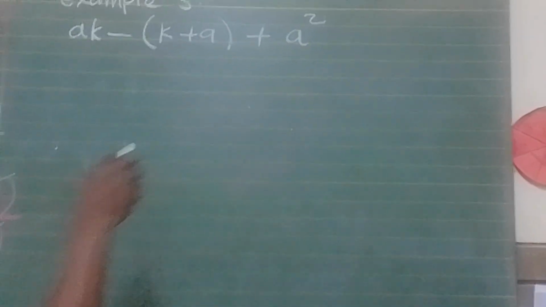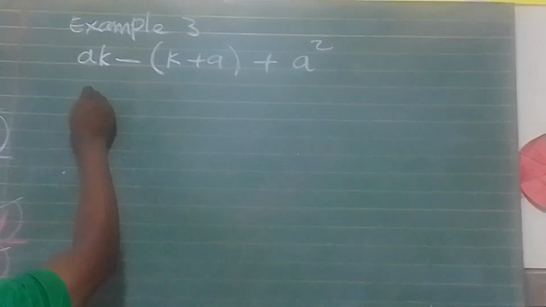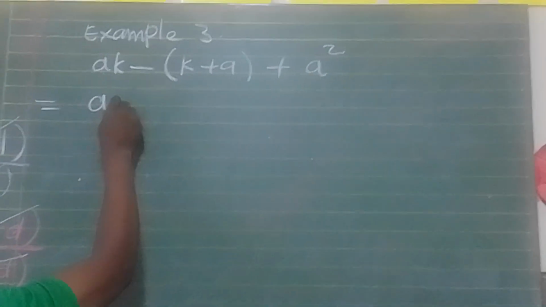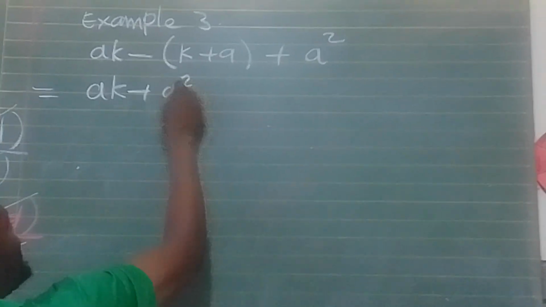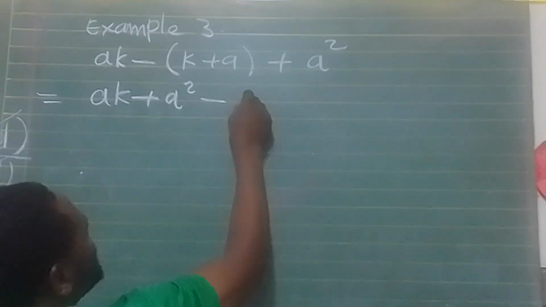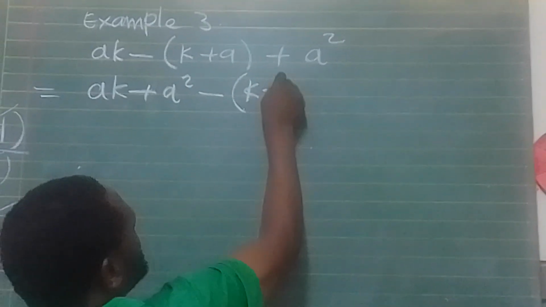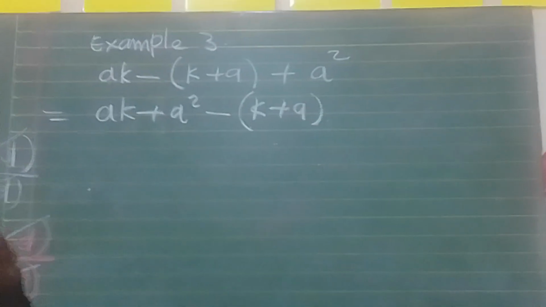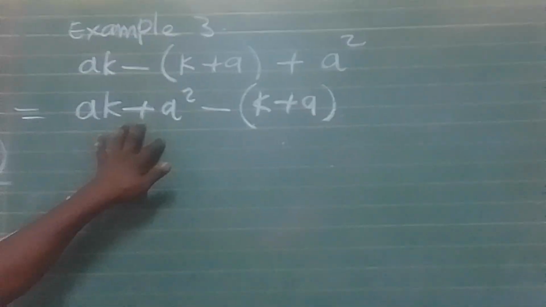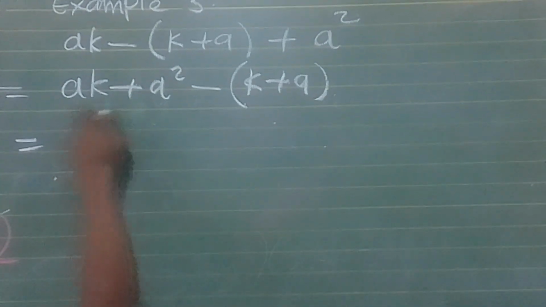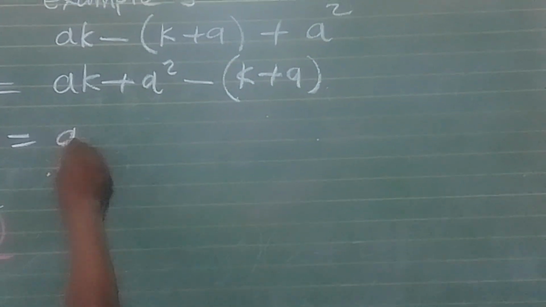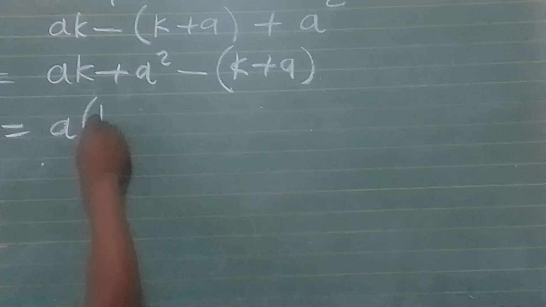Now I'm going to group a k plus a squared minus into k plus a. You see, I have a k plus a here. Check it. Take out the common factor of a into, you are left with k.